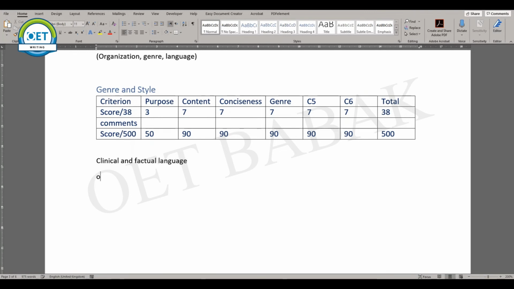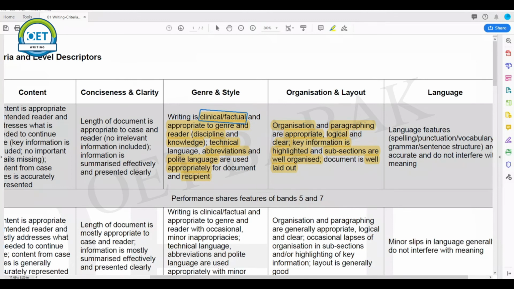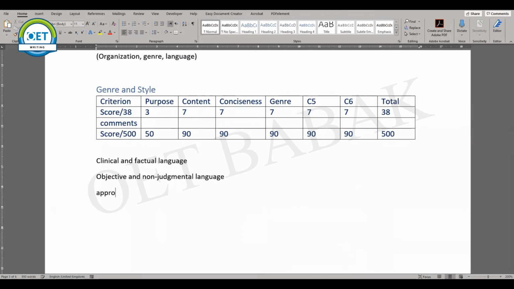Okay, objective and non-judgmental language, which we will discuss, and then appropriate to genre and audience. So the register needs to be appropriate, respectful and formal language.